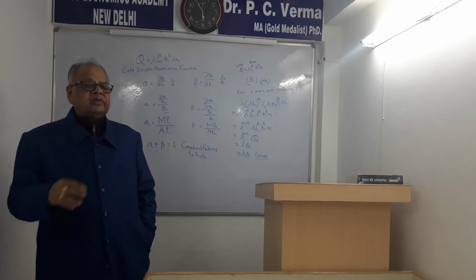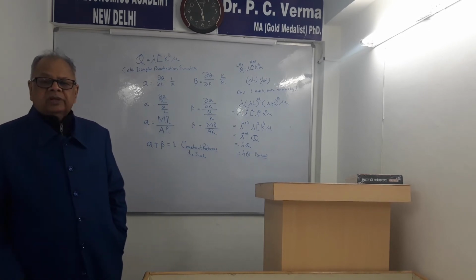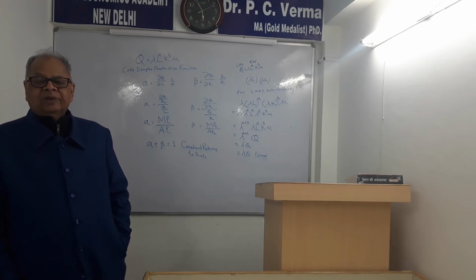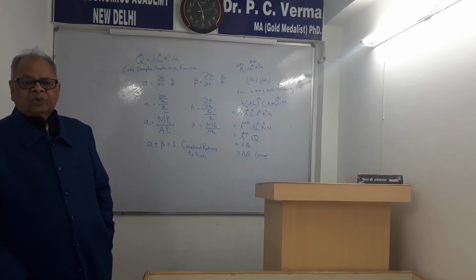Suppose there is a short question: Prove that Cobb-Douglas production function always applies under constant returns to scale. Quickly, right?